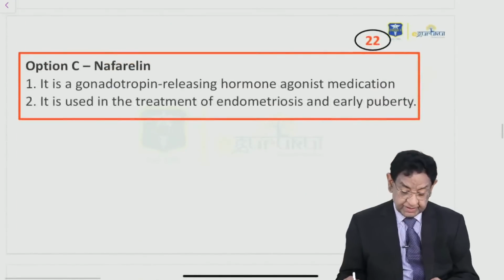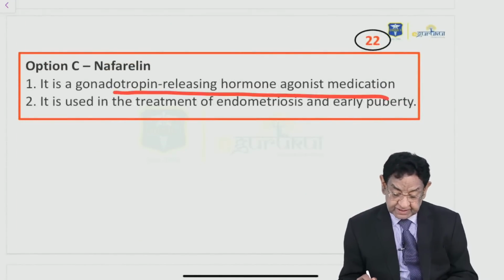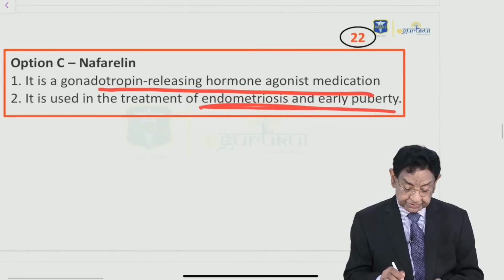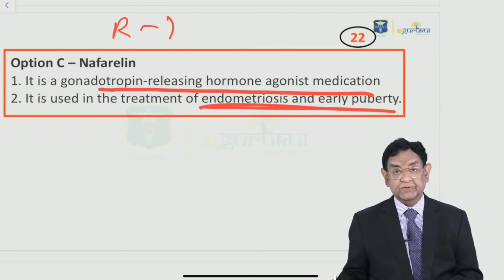We have nafarelin, a gonadotropin releasing hormone agonist we use for endometriosis and early puberty. Again, a rank number 1 question. Don't miss out. They are latest drugs.